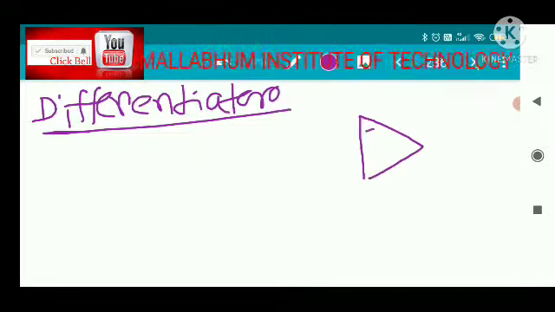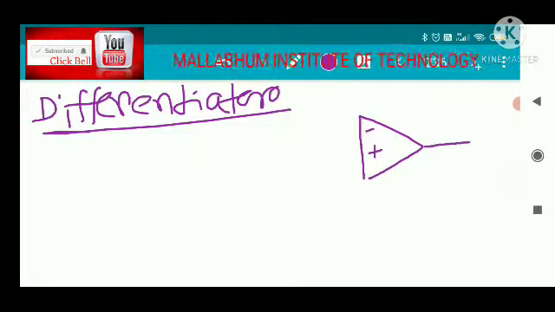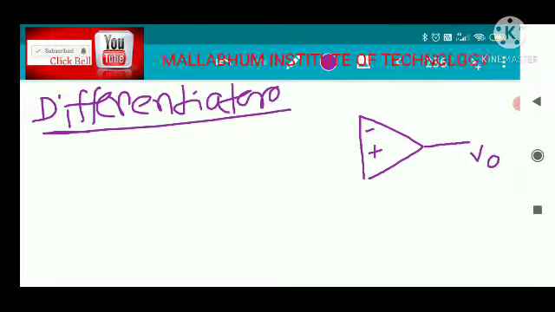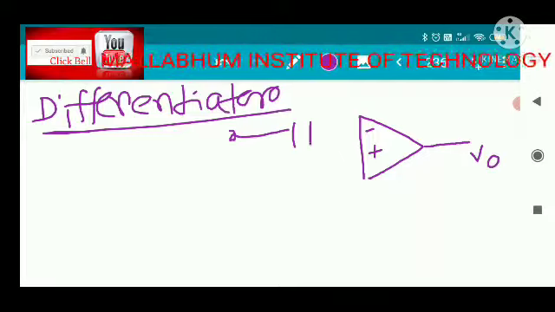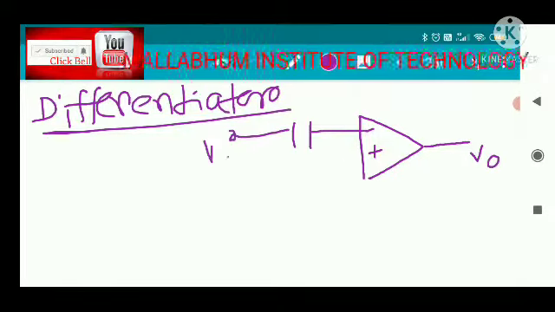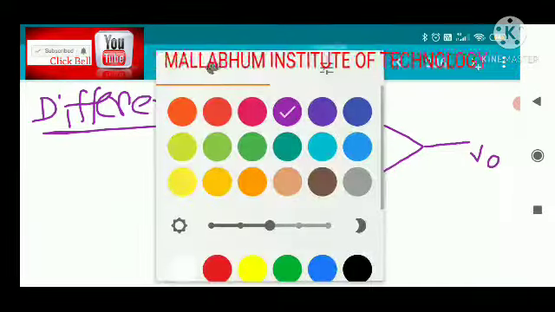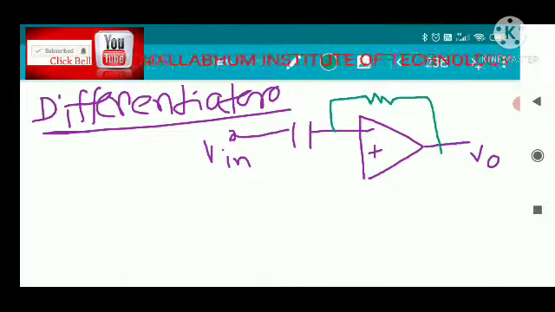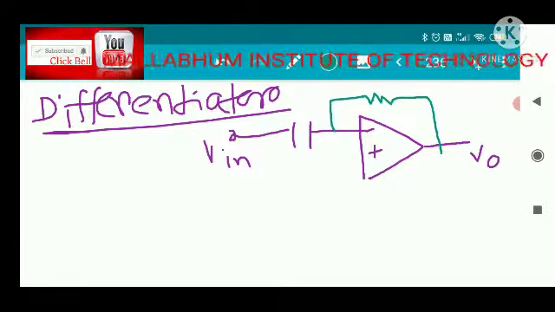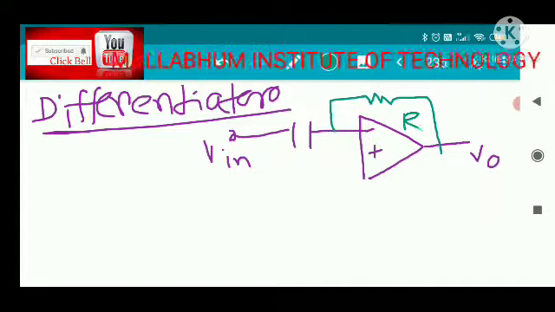This is your negative terminal, this is your positive terminal, and this is your output voltage. The capacitor comes at the input voltage side and the resistance goes in the feedback path.